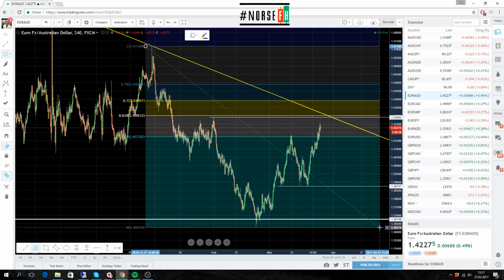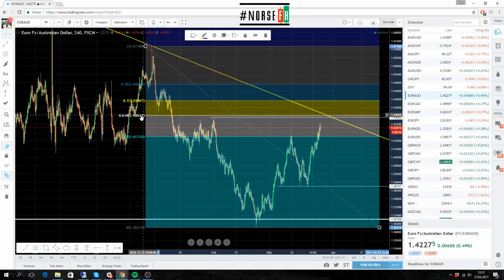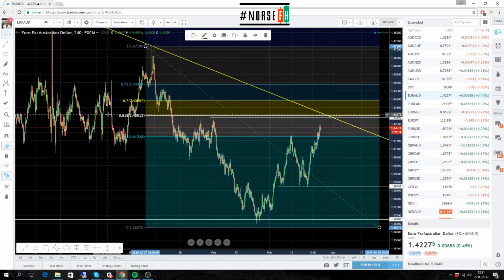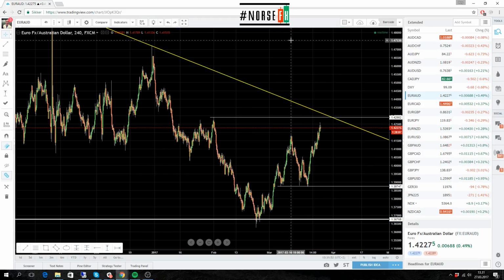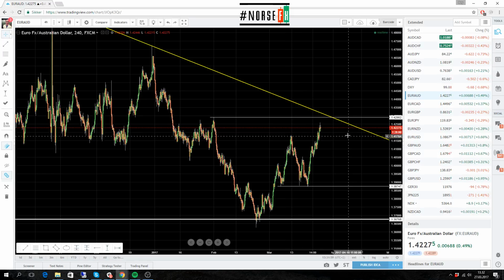The case for entry is very good because the 618 is residing right above this current high. And when I see something like this, I just get all warm inside because I have a lot of reasons to sell this pair if we get all the way up here.